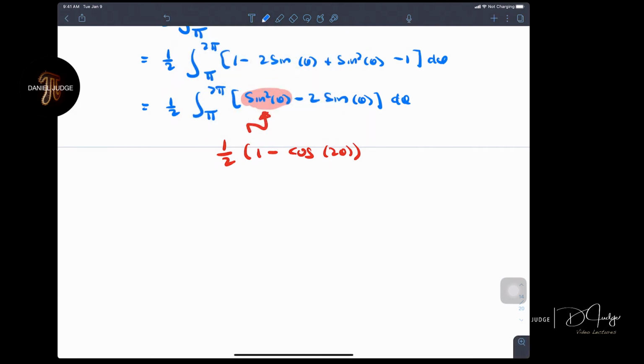All right, let's see what we get now. 1/2 integral, 1/2 times 1 minus cosine. Well, let me be careful here. Put a bracket. 1 minus cosine 2 theta minus 2 sine theta d theta.